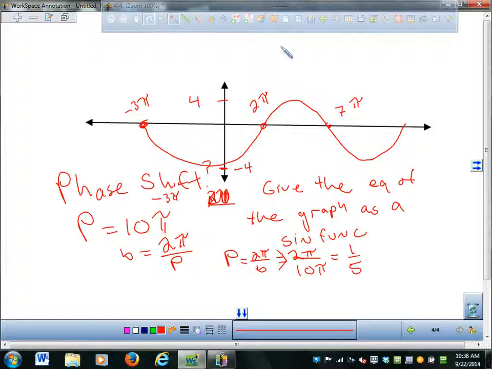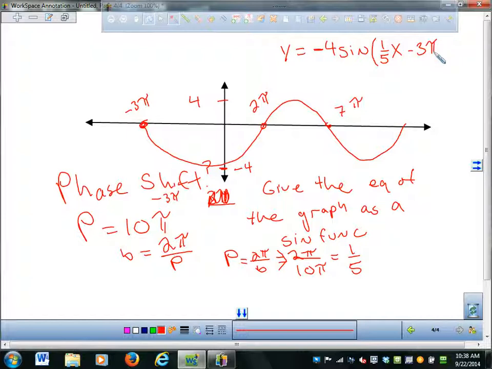So when I'm writing this equation, if I want to graph it as a sine function, first of all, since it's starting downhill, what goes in front? Negative what? Since it goes down to 4 and up to 4, negative 4 sine of bx, 1/5 x minus 3 pi.